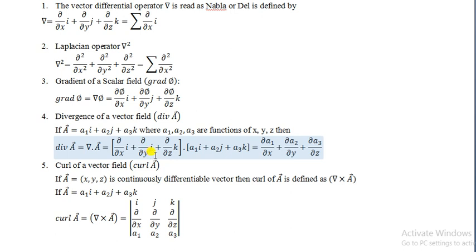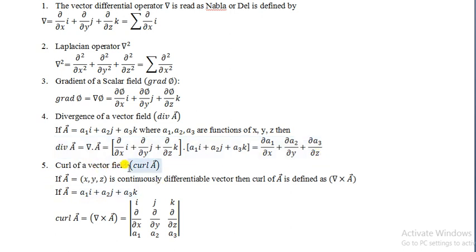After taking the dot product, i dot i is 1, j dot j is 1, k dot k is 1. So the remaining terms are ∂/∂x of a1, which is ∂a1/∂x, ∂/∂y of a2, which is ∂a2/∂y, and ∂/∂z of a3, which becomes ∂a3/∂z. So this is the divergence of a vector field.